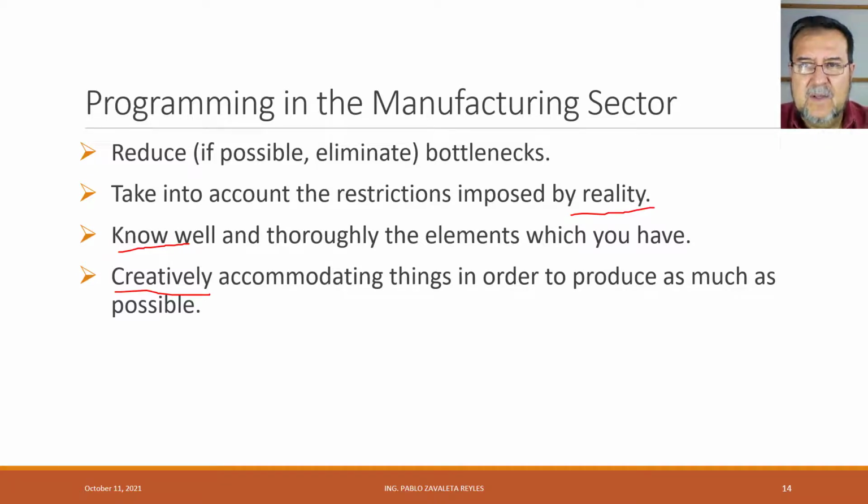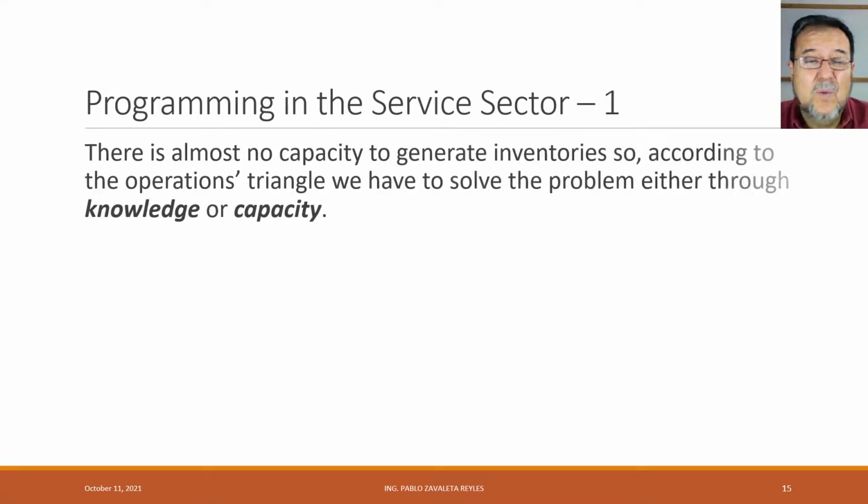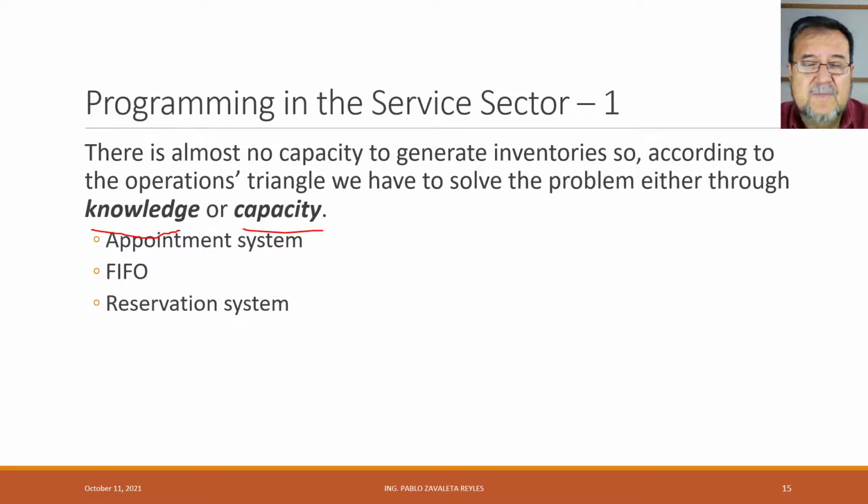In the service sector, we have almost no capacity to generate inventories. So, if you remember the operations triangle, we have to solve the problem either through knowledge or capacity. The usual ways are appointment systems, FIFO, first in, first out, and reservation systems.